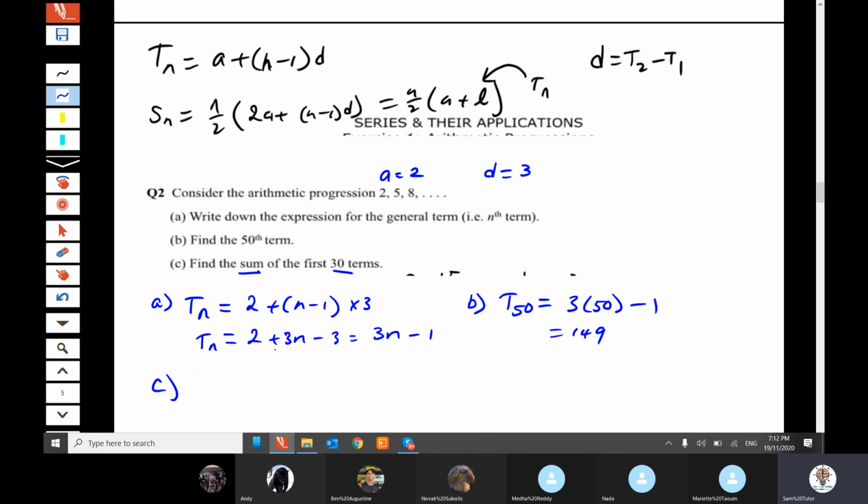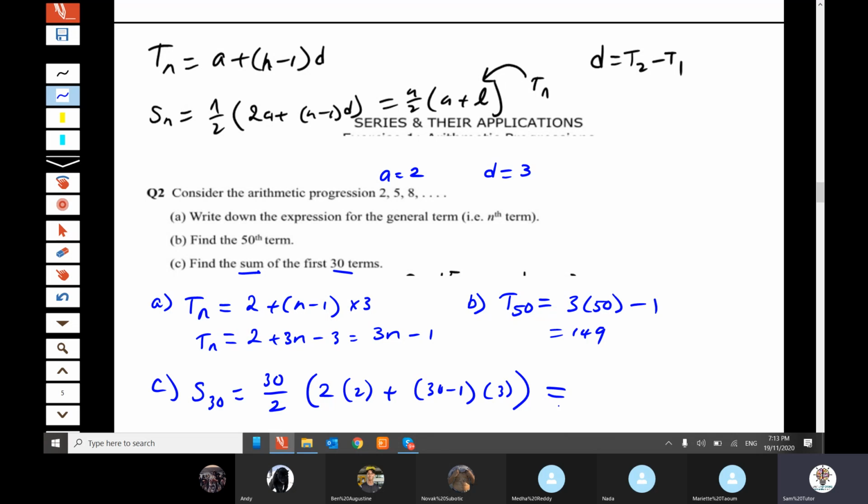The first one or the second one? First one, because you don't have the last term. So you're going to go S30 equals n over 2, times 2a plus (n minus 1)d. Plug it all into your calculator and you should get an answer.